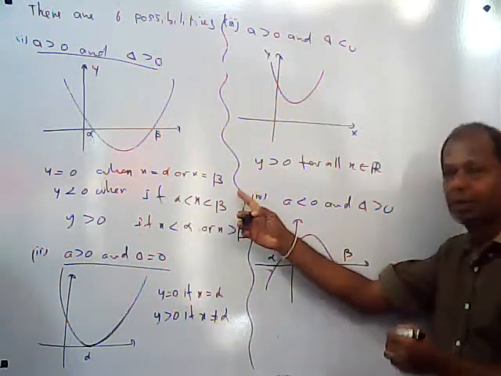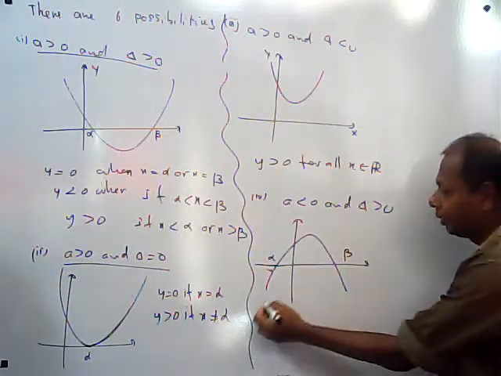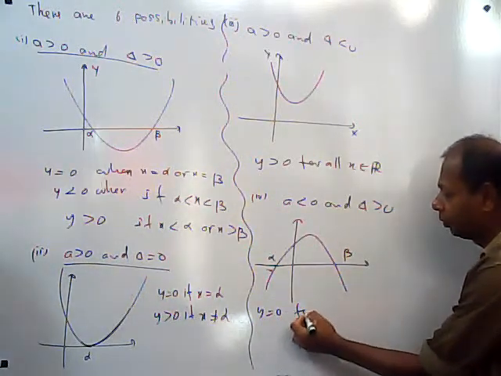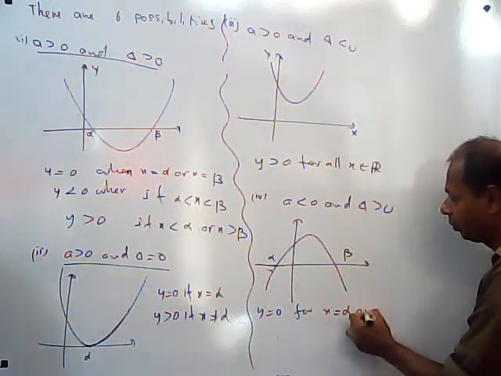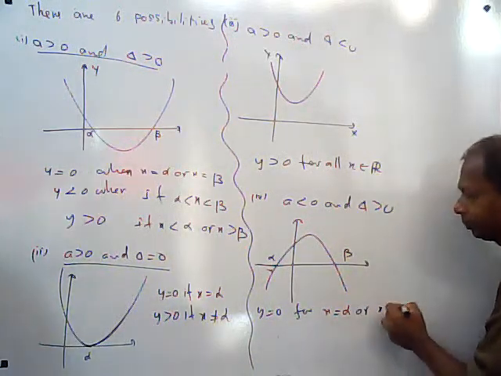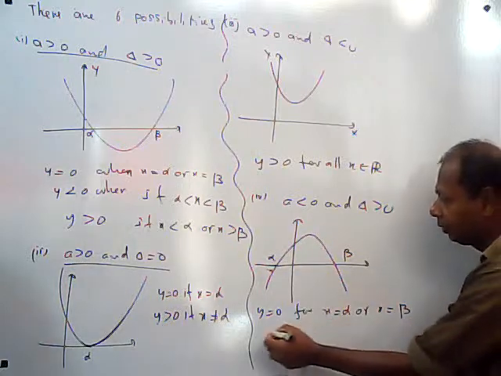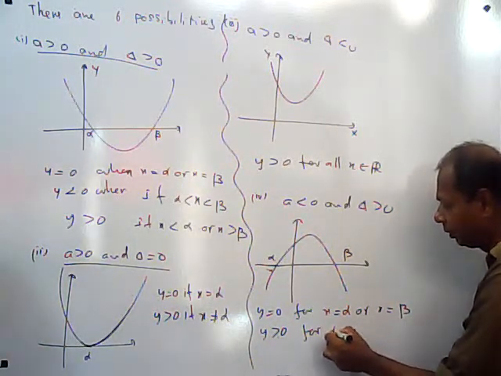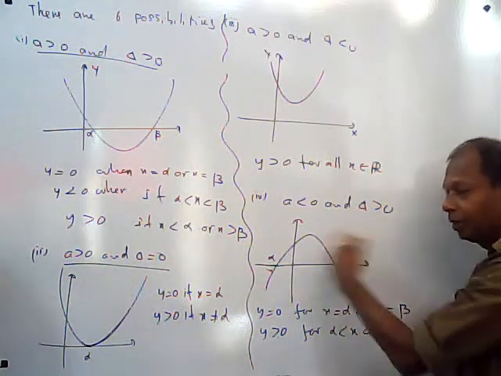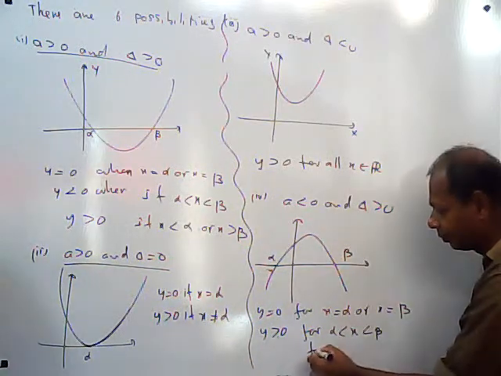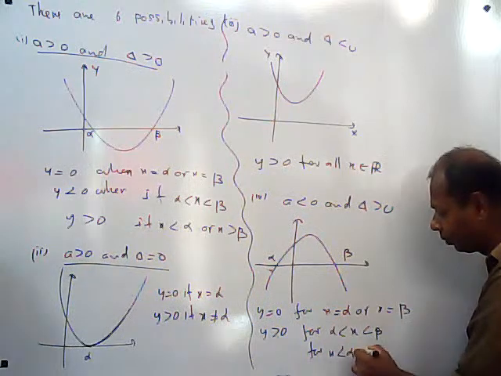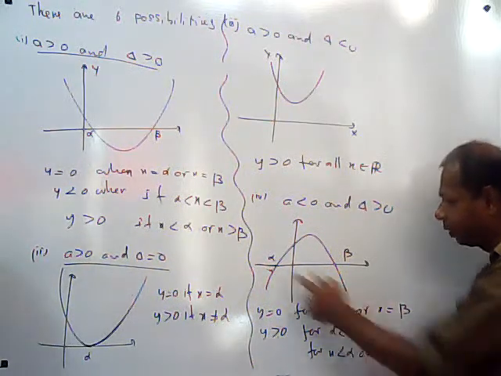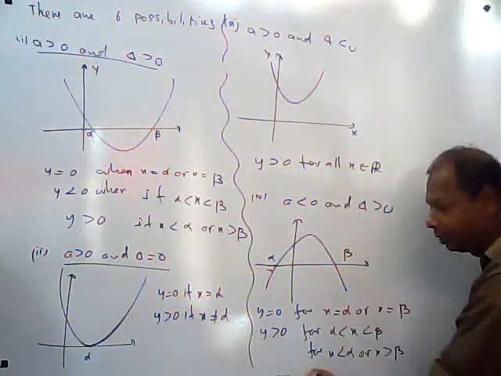So y equals 0 for x equals alpha or x equals beta. In between, y is positive, x is between alpha and beta. On either side, less than alpha or greater than beta, y is negative.